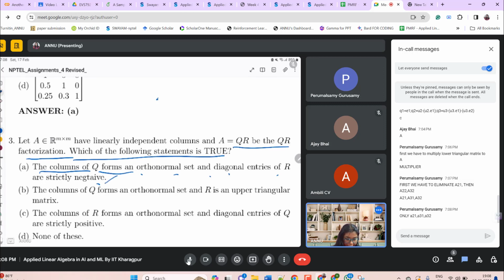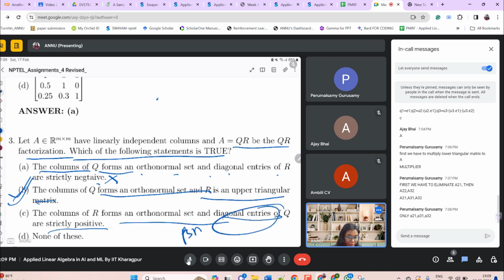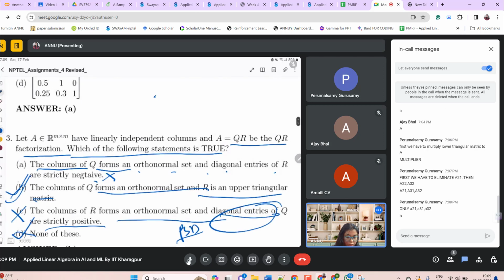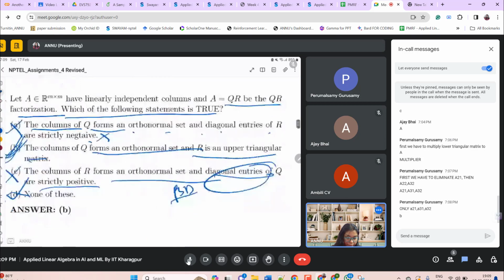No, this is not correct. The columns of Q form an orthogonal set and R is an upper triangular matrix. This is correct. The columns of R form an orthogonal set and the diagonal entries of Q are strictly positive. It is not like that, we only have PSD matrix. This is not correct. So none of this is the answer. So answer is B.